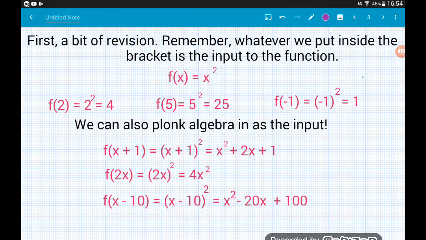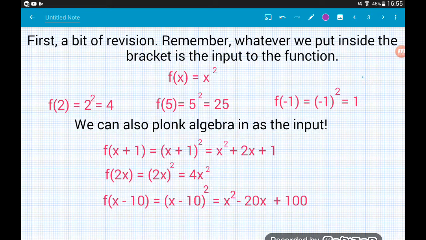If we take f of 2x, then we're substituting x equals 2x on the right hand side of the function. So x squared becomes 2x all squared. So that 2 also gets squared, don't forget about that. So 2x all squared will give us 4x squared.